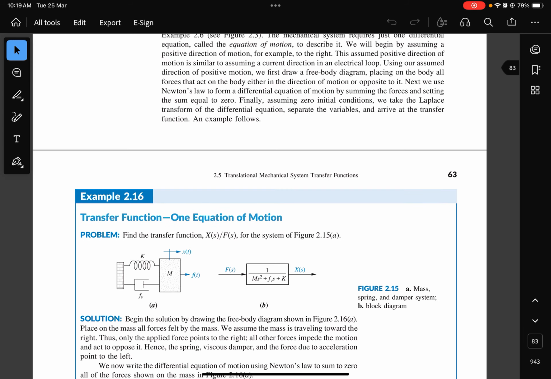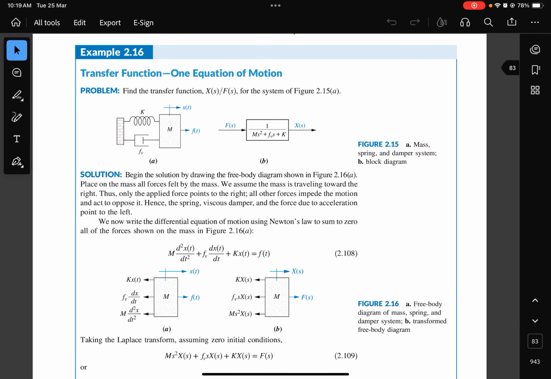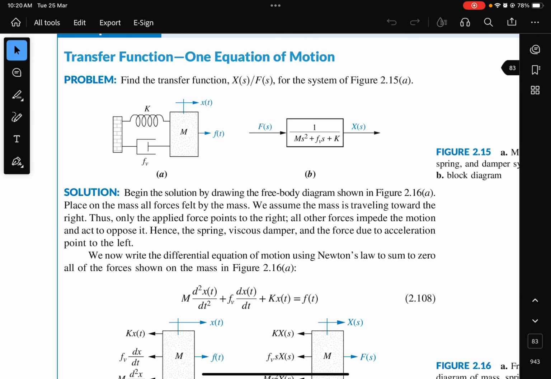Here is example 2.16 from the book, where you are asked to find the transfer function X(s) over F(s), I'll show you what that means later, for the system of figure 2.15a.